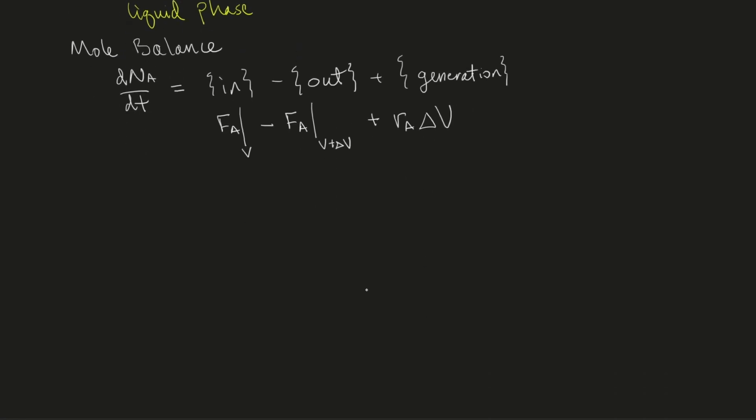Since the PFR is run at steady state, our dNA/dt within this control volume is going to be equal to 0. There's no accumulation within that control volume, so we have 0. And now we can solve this equation to set up our PFR design equation. So what I'm going to do is bring some of these terms over here to the other side of the equation.